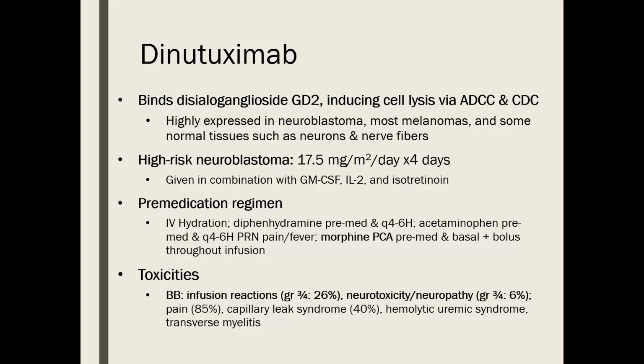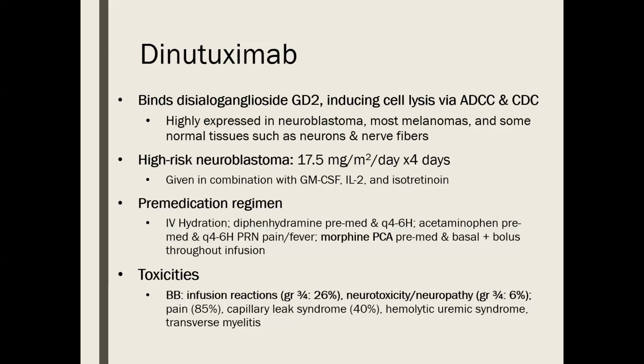So black box warnings associated with this product: infusion-related reactions, with a decently high rate of grade 3 and 4 infusional toxicities. Neuropathy and neurotoxicity, again, pretty high, 6% in folks, but 85% of these folks will have pain associated with that mechanism of action and where those GD2s are located on those neurons and nerve fibers.